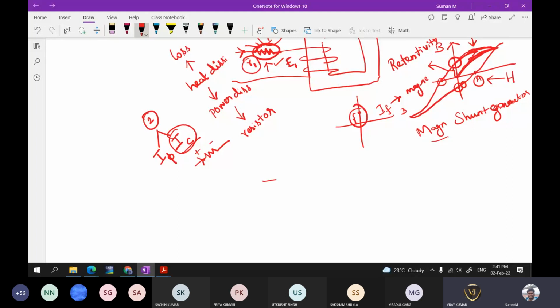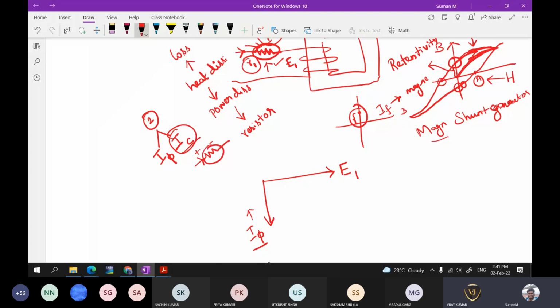As of now, we consider that we have the EMF, that is E1, and the actual current, that is I5. This current is responsible for establishing the flux, or the magnetic field. There is one more current that is responsible for the losses.